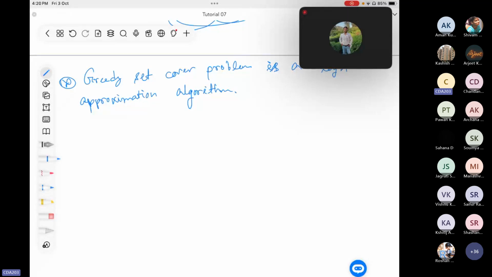There are other techniques also to solve this set cover problem. You can use dynamic programming to design solutions for it. But for this part, just focus on the greedy technique that we have learned, because there are some problems which can be solved optimally using greedy.